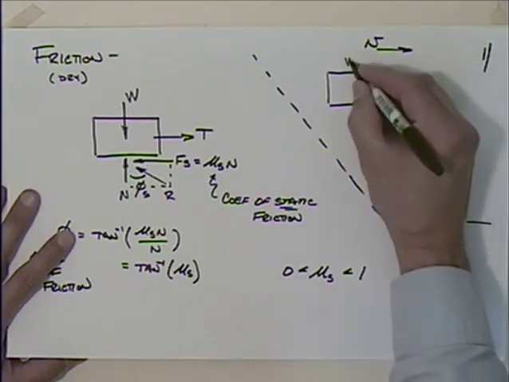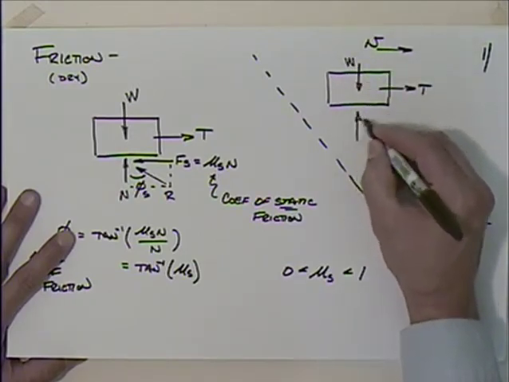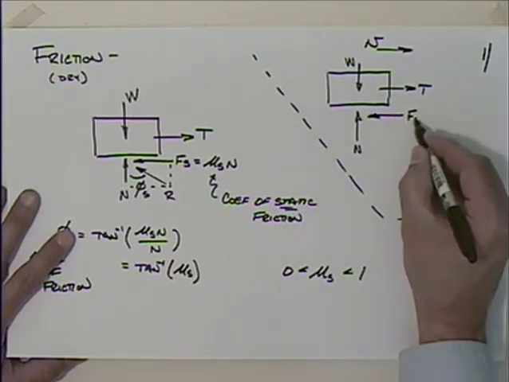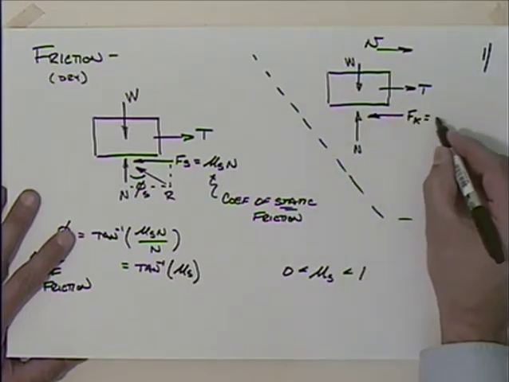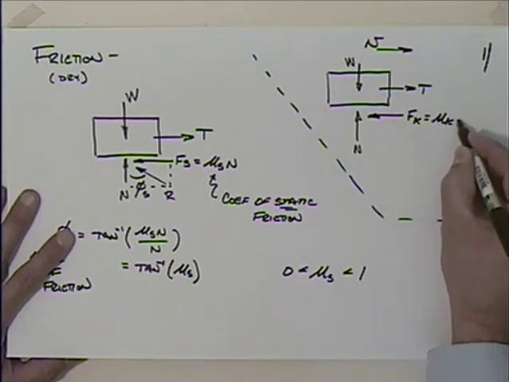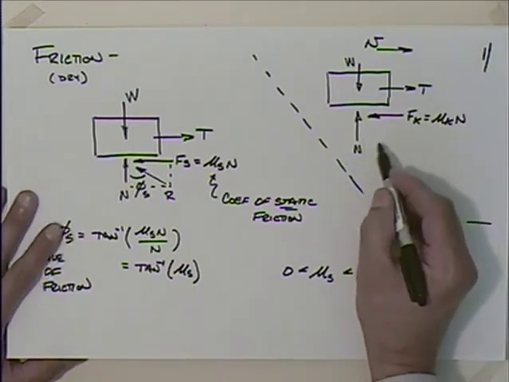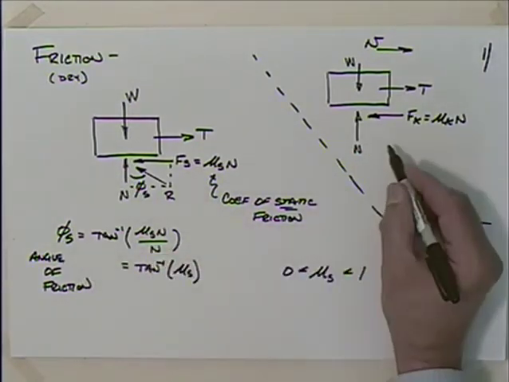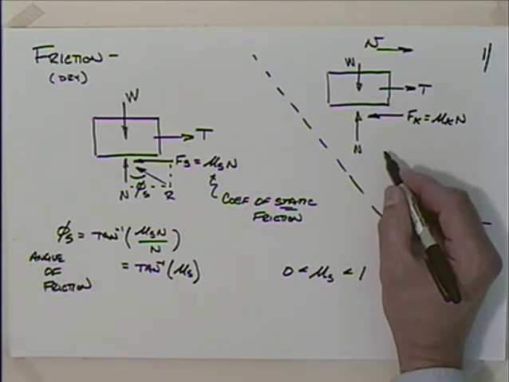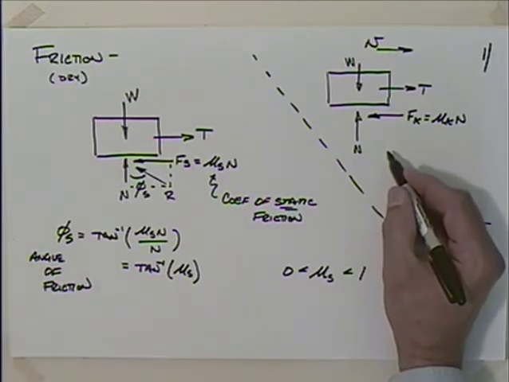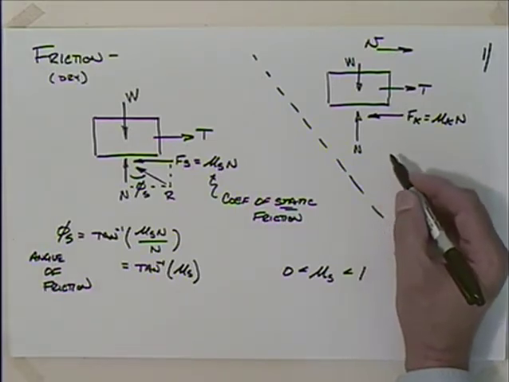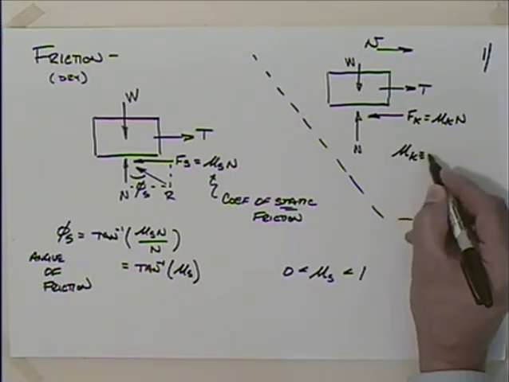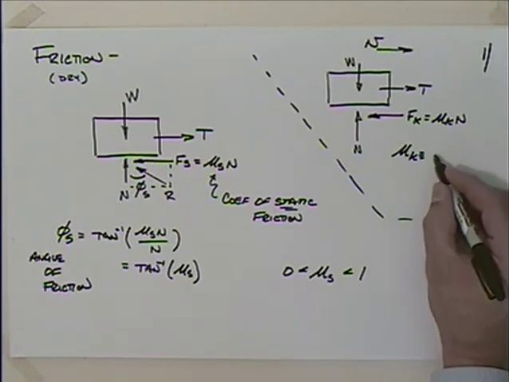I've got W, and we've got the normal force and the friction force, and we can say that this is F sub K, which is equal to mu sub K times N. And if you wanted to, you could do the same thing, resolve it, and talk about the angle phi, phi sub K, and whatnot. I won't get into it too much, but this is going to be our kinetic coefficient of friction. Mu sub K is defined as our kinetic coefficient of friction.